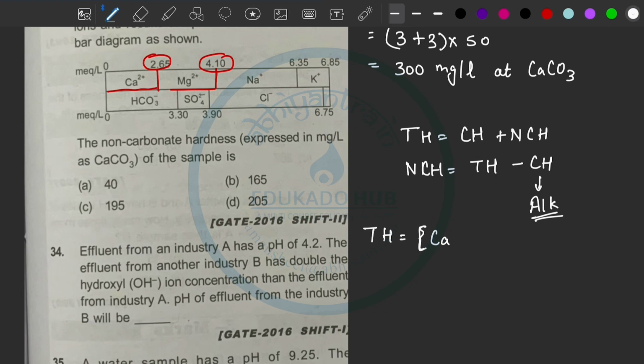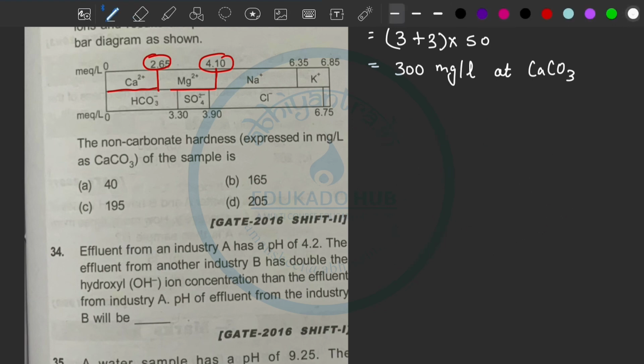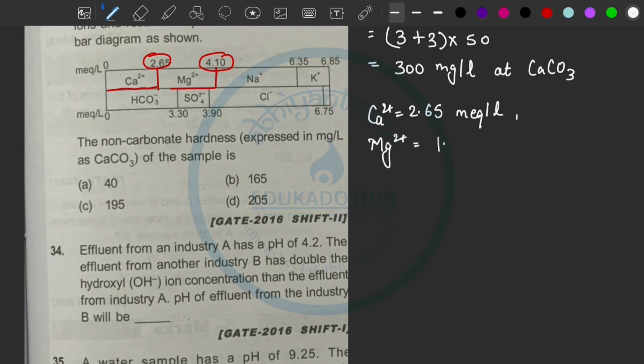I'll write whatever is given here first and then we will do the question. For calcium 2 plus, they have given 2.65 milliequivalent per liter, and magnesium is 4.10 minus 2.65, which is 1.45 milliequivalent per liter.